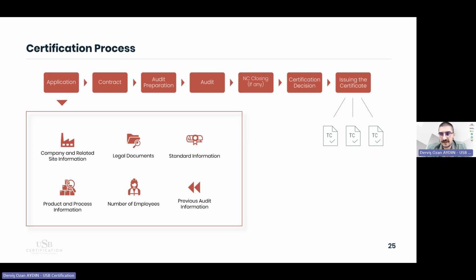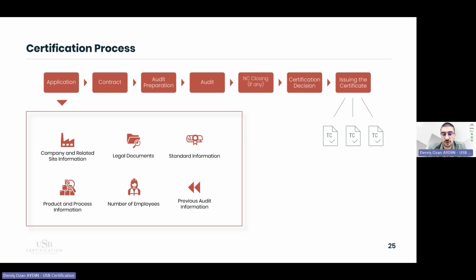About legal documents, certification bodies have to check, and companies have to share their own legal documents to prove their legal existence. For the standard information, companies have to clearly mention which standards they are applying for, for example, GRS, RCS, and OCS.